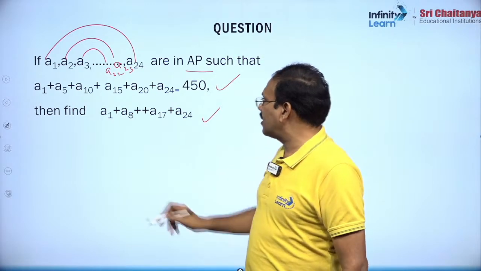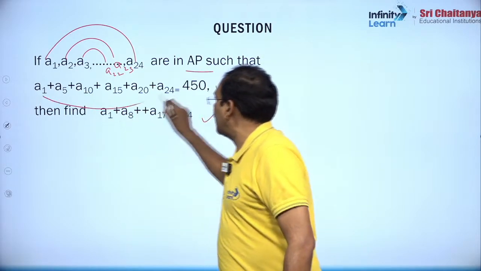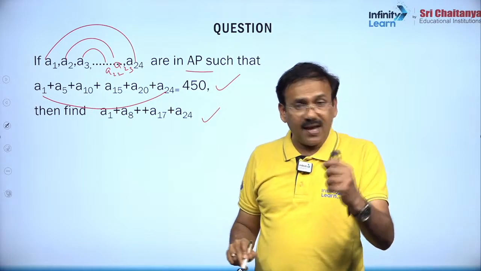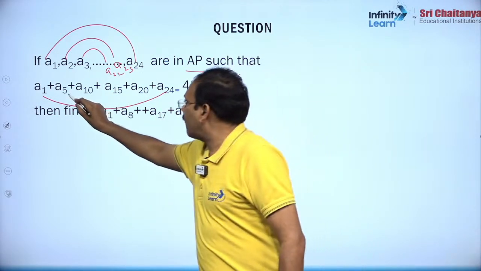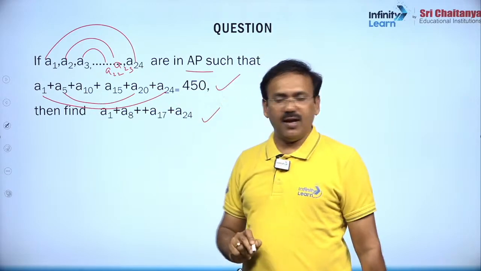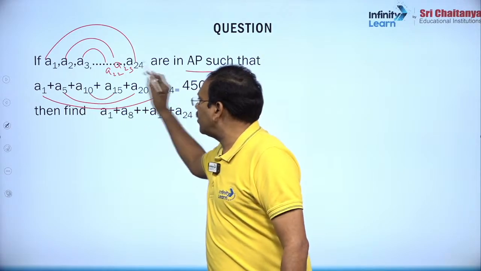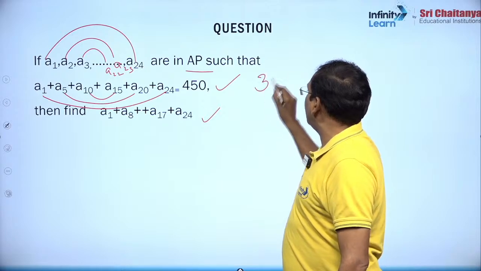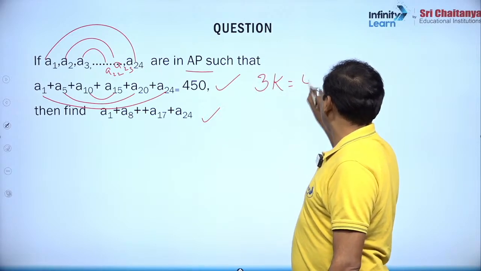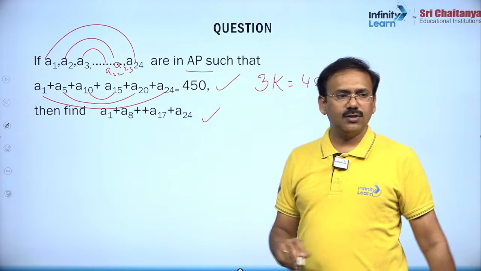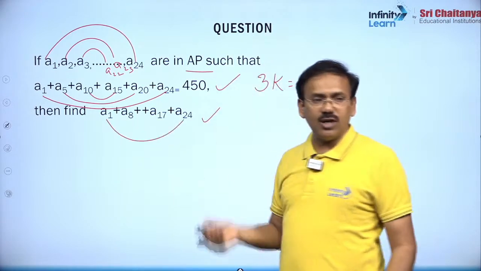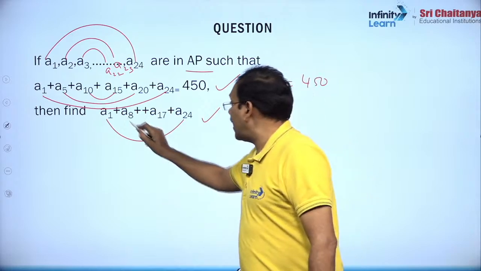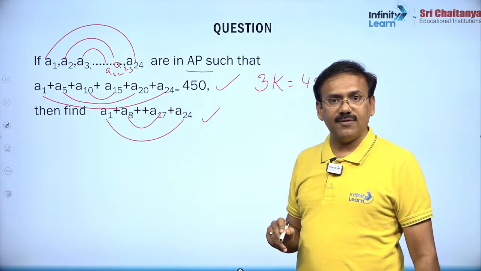With the help of that logic, if A1 plus A24 is K, then A5 plus A20 is also K, and A10 plus A15 is also K. So indirectly he has given 3K is 450. So K is 150.